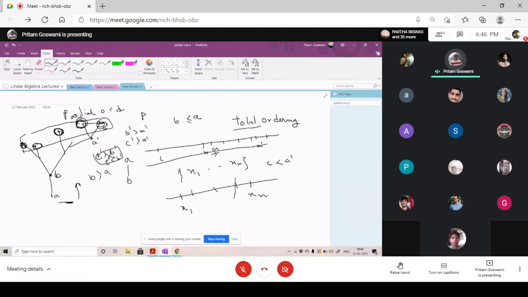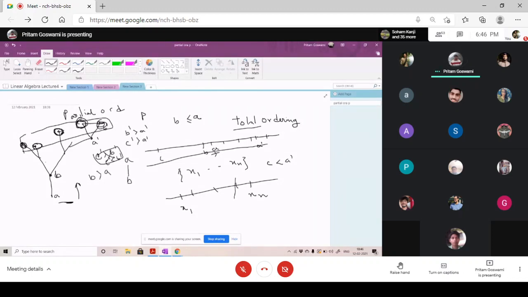Now remember that a vector space can have many bases, right? A finite vector space can have many bases, and all of the bases have the same cardinality, the same number of elements in them. Yes, sir. And if I add another element to the basis, the set will not remain linearly independent.